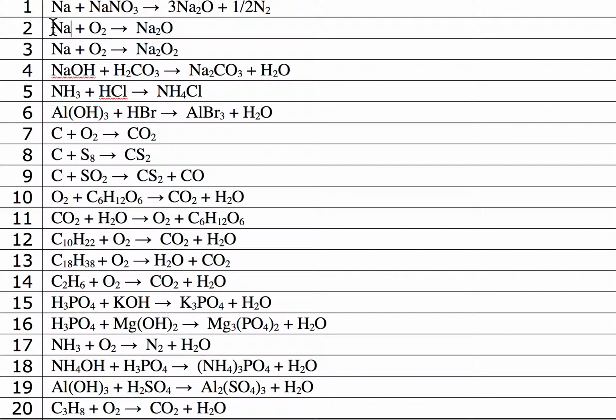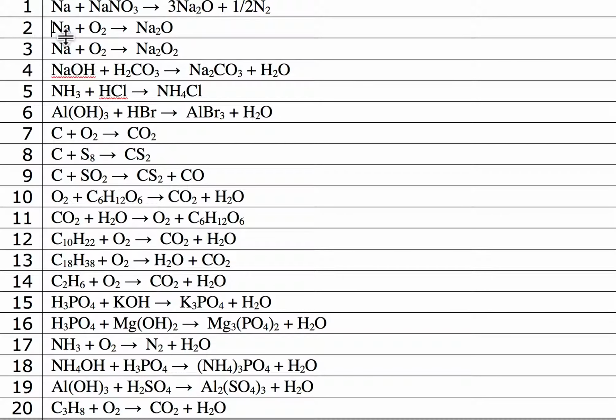We're going to put a 2 in front of the sodium so that the 2 sodiums on this side balance the Na2 on this side. So we have 2 sodiums on both sides. Now we have 1 oxygen on the right side, and 2 on the left side. Again, we can use fractions. We'll put a 1/2 right here, and it's balanced. So this is a balanced reaction.